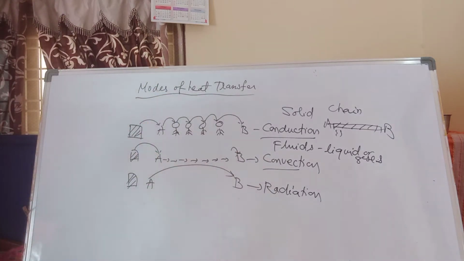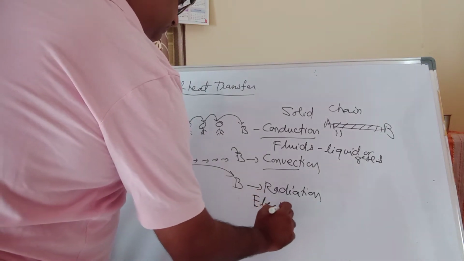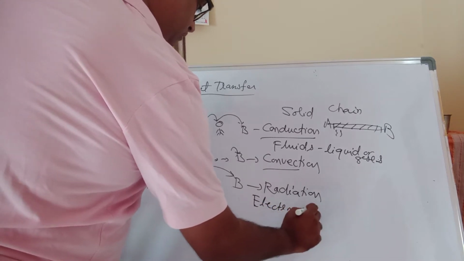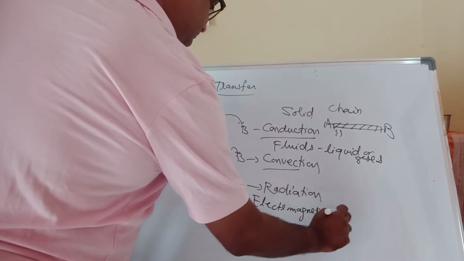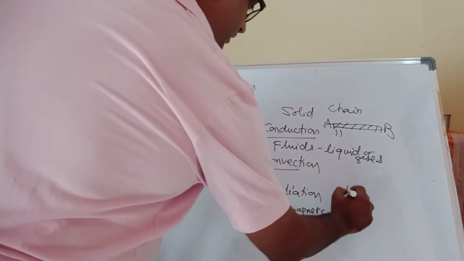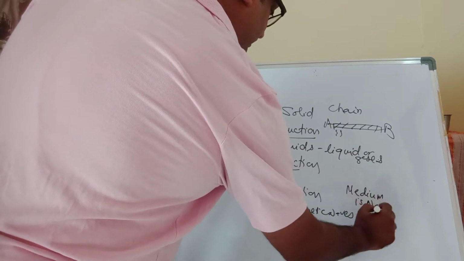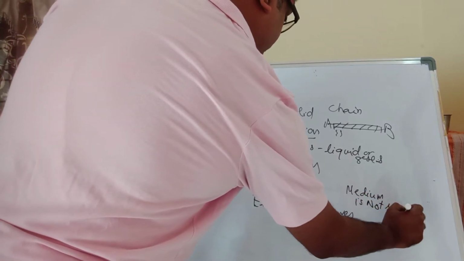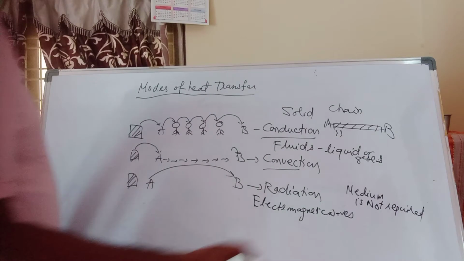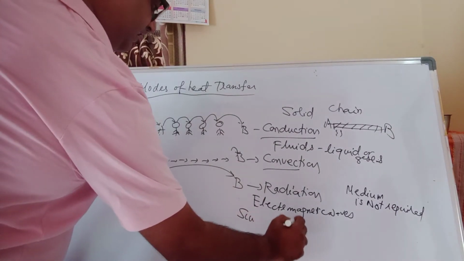Okay. The third one is radiation. Radiation is basically electromagnetic waves. The first thing is, they do not need a medium. A medium is not required here. The live example is your sun, and you are standing here.